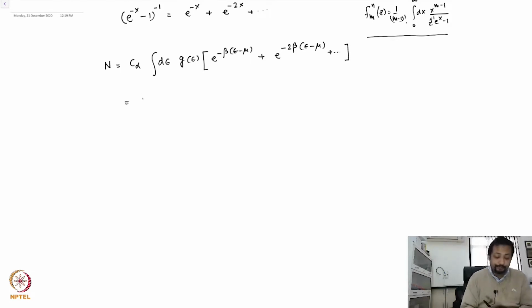So that, sorry, the C_alpha doesn't come here, and then we write this as C_alpha integration d epsilon epsilon to the power alpha minus 1 times e to the power beta (mu minus epsilon) plus e to the power twice beta (mu minus epsilon). To the leading order, we write this as C_alpha.